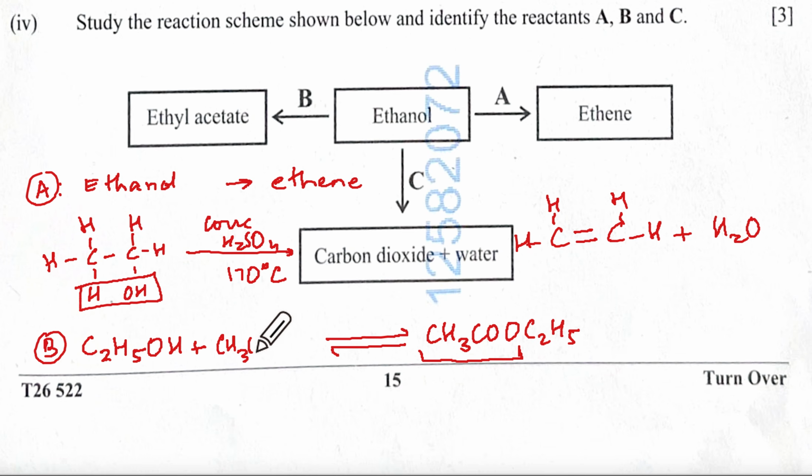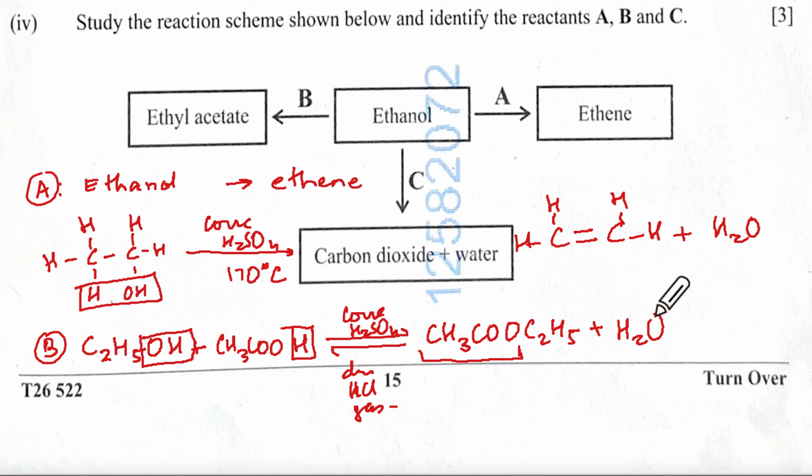So CH3COOH, I'll take the acetic acid, and this will be conc. H2SO4, and here it is dry HCl gas. So we have this H and this OH forming water, and it is the esterification reaction. This part will go there.